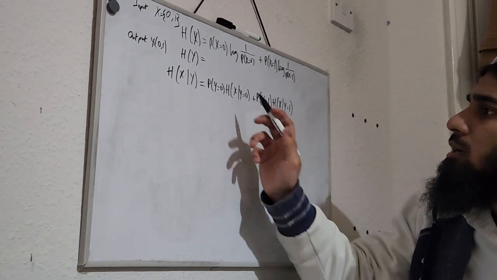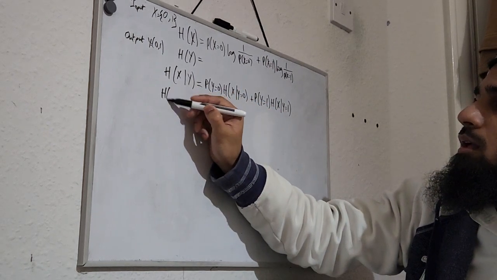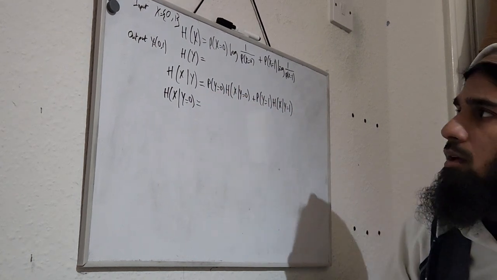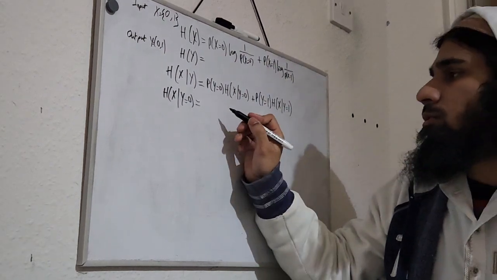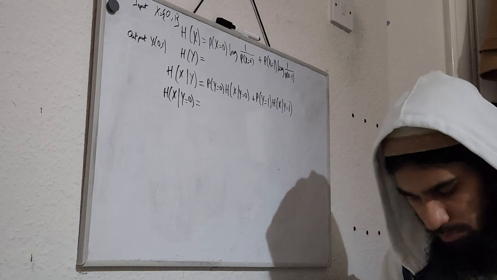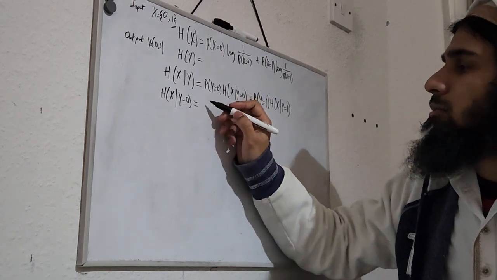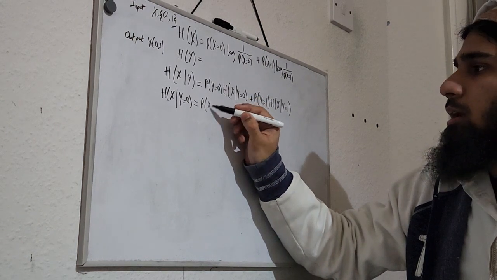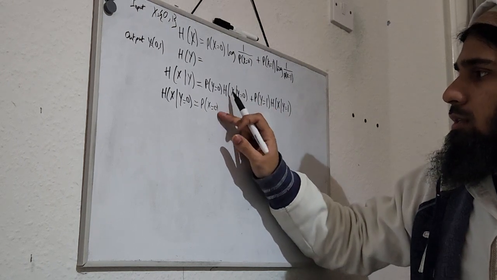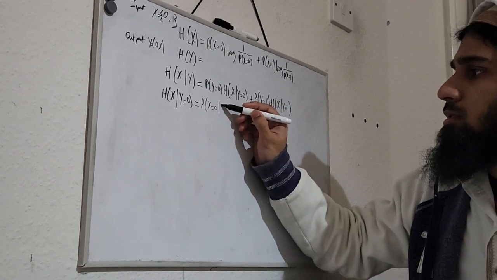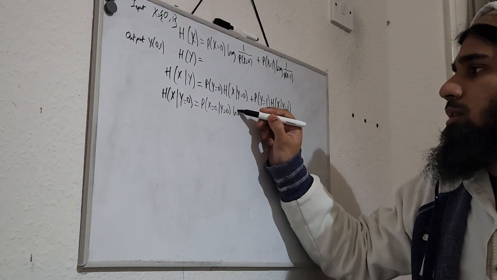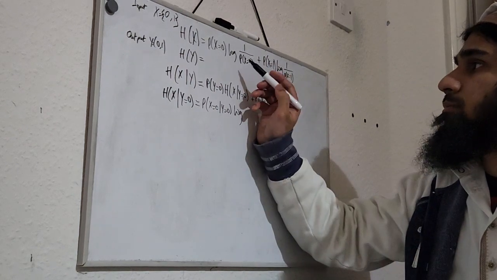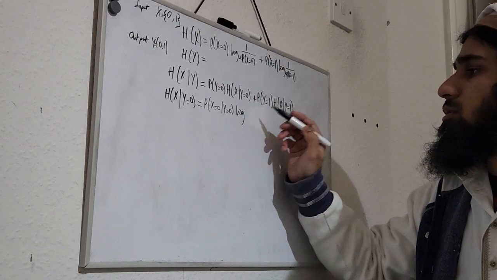So let's take this H of x given y. We can write it in terms of this bit. Okay, so just do it properly. So that is the probability that x is 0 given that y is 0. Then we do the log. This is all log 2, just letting you know.